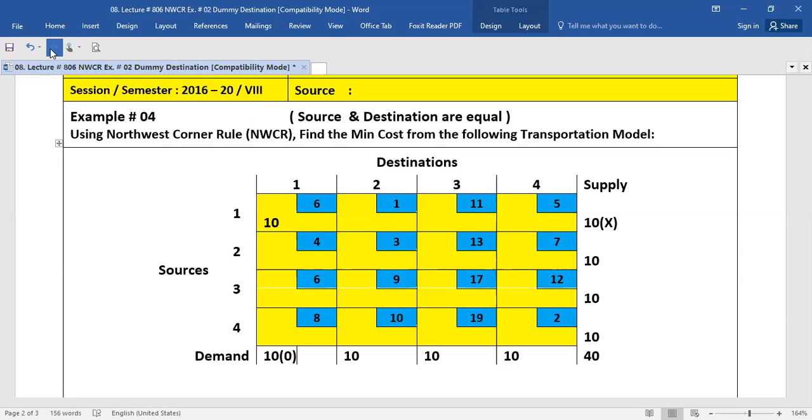This is the strategy, and I will tell you why we have put 0 in front of 10 on the column side. You may do vice versa, but for your ease and comprehension, always you will put cross in row side and 0 on column side when you see that both values are equal.